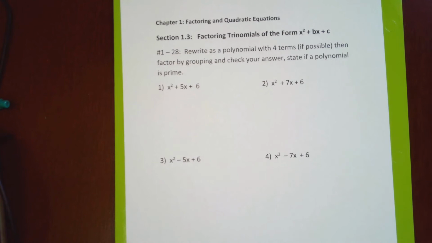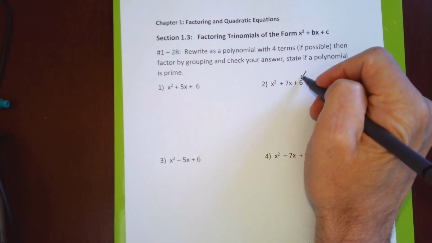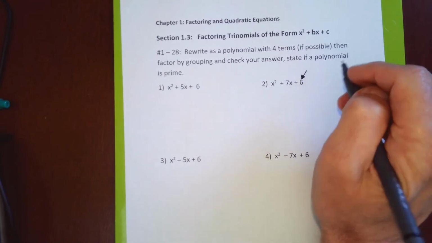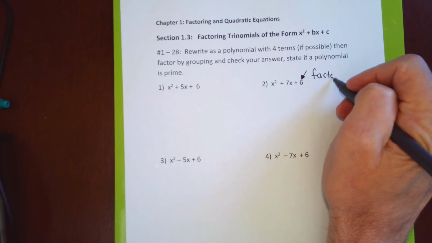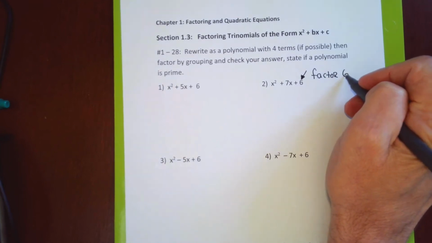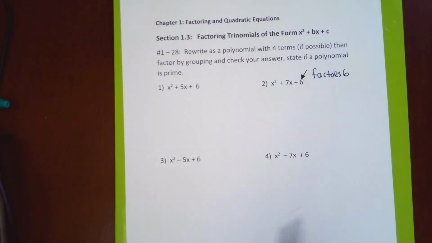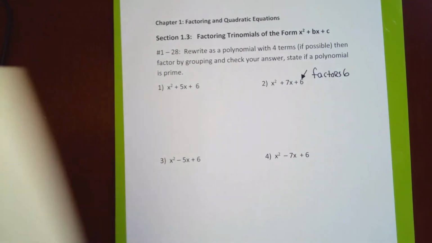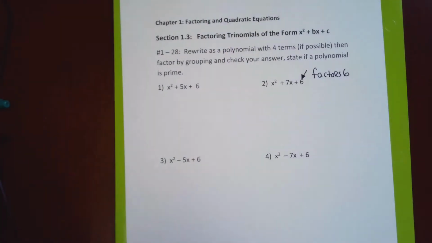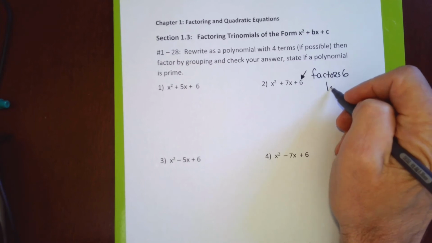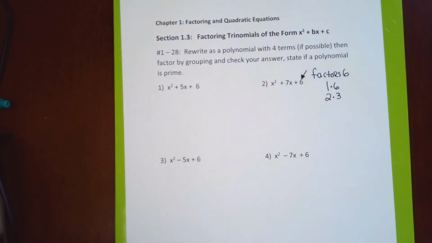For each of the problems between 1 and 28, I'm going to look at the last number and write down its factors. The last number in problem 2 is positive 6. And I need to write down the numbers that multiply out to be positive 6. The factors of 6: 1 times 6 is 6, and 2 times 3 is 6.